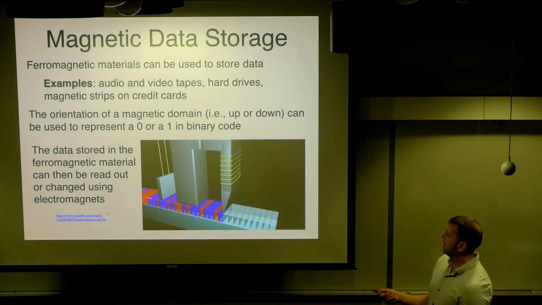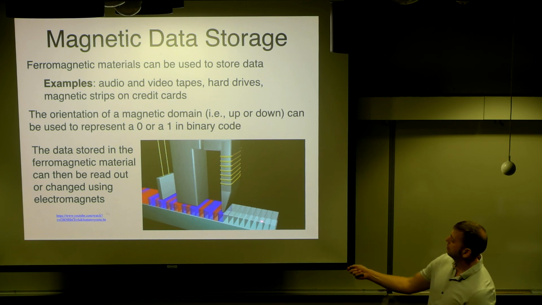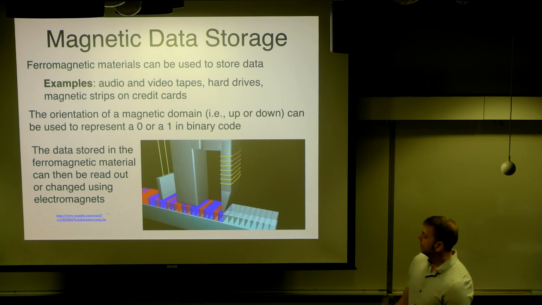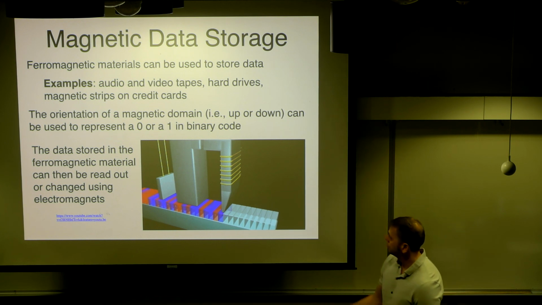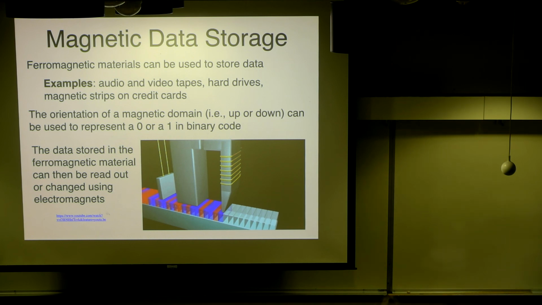We can also read out what's going on. If we have a strip of tape right here with a lot of different magnetic domains, we can read all the ones and zeros out using electromagnets. I'll show you how that goes with this animation.